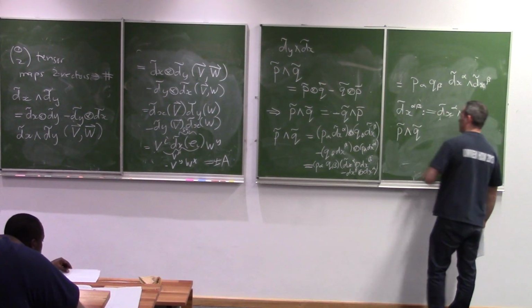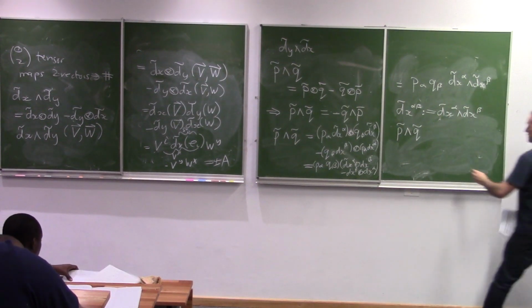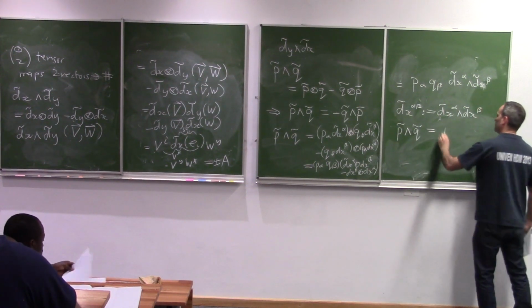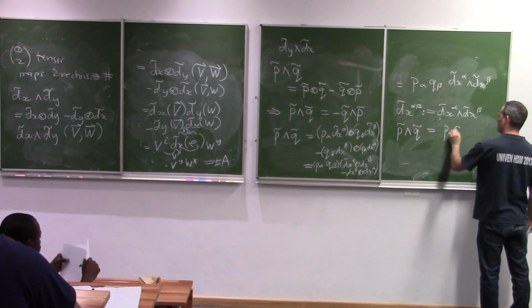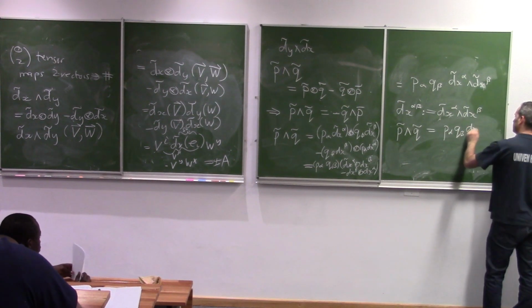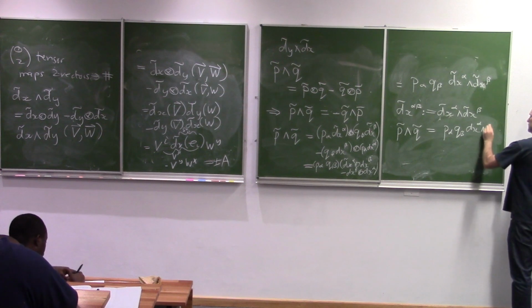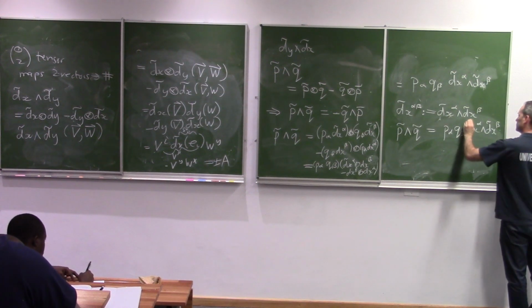I think I'll end with this. So as I've just said, this is equal to P alpha Q beta dx alpha wedge dx beta, and there are tildes there.